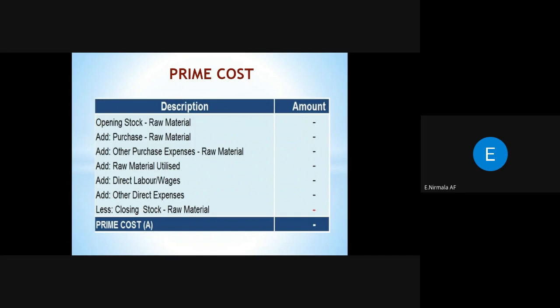So here we have to find out cost of raw material consumed. So what we have to do here? We have to take opening stock of raw material and we have to add all the purchase expenses which are related to raw material, and we should deduct closing stock of raw material.